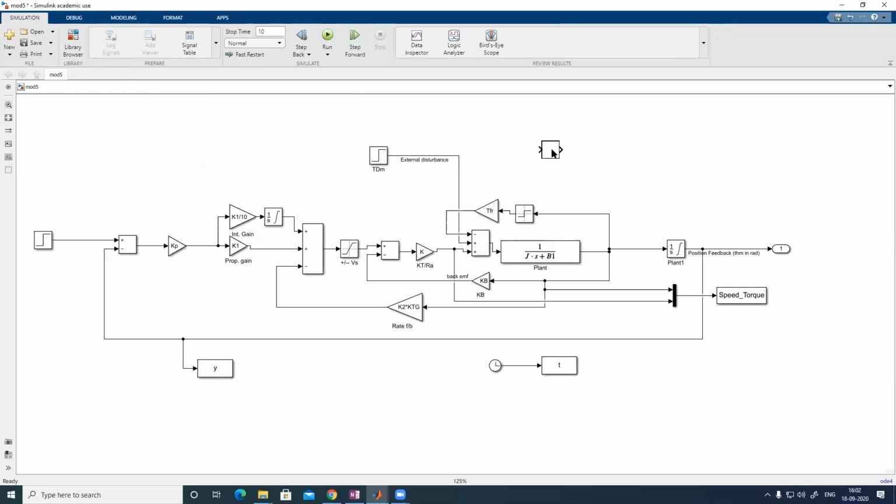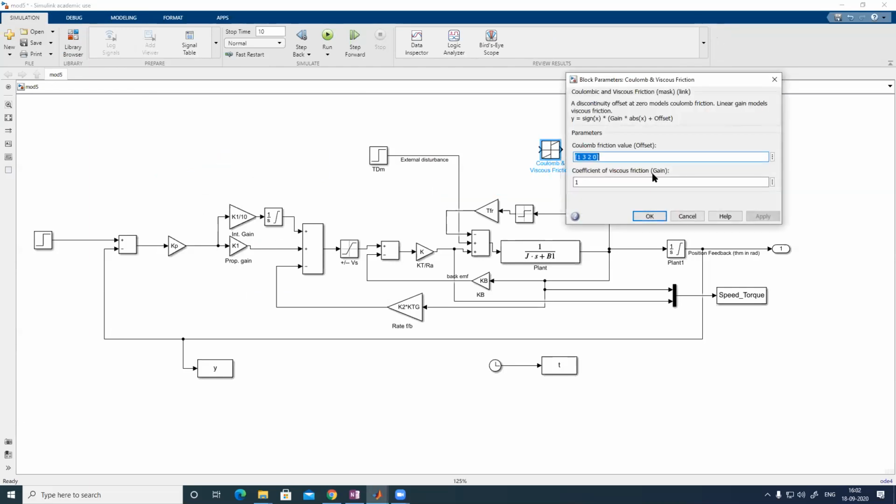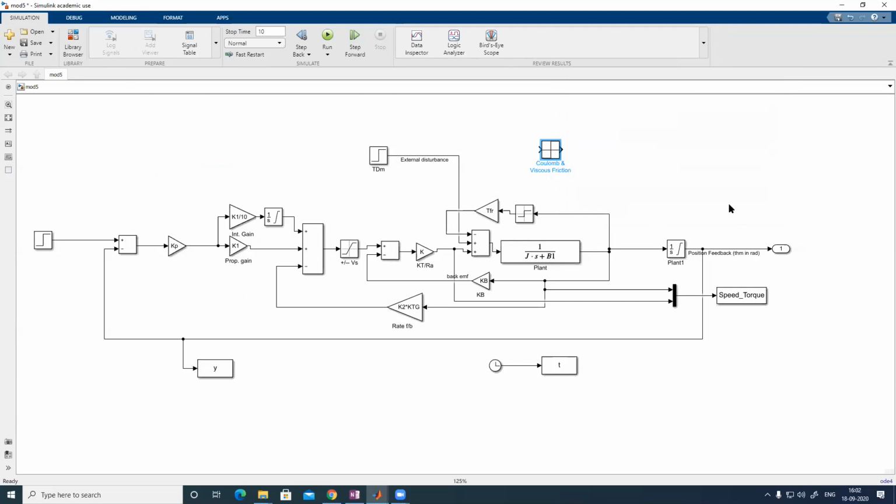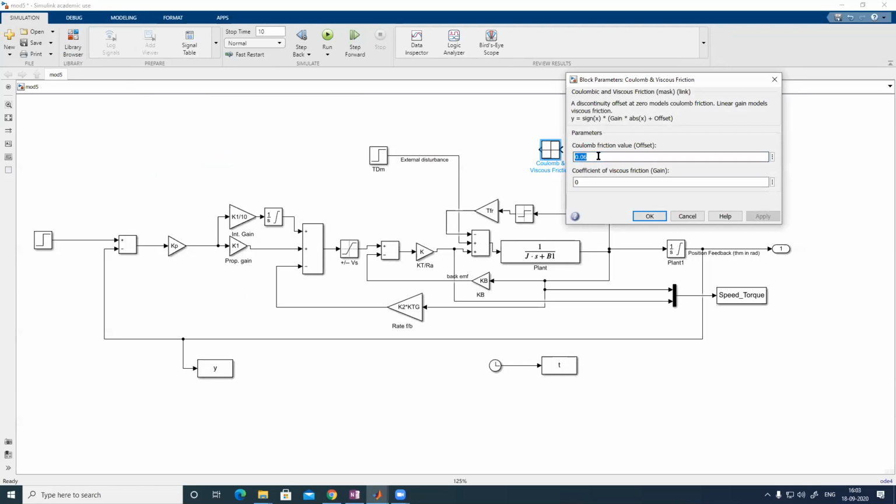You double click on that. Viscous friction you make 0, Coulomb friction you make 0.06. You can rotate it with Control I, and you have to remove the signal function and TFR, and use this one. Okay.